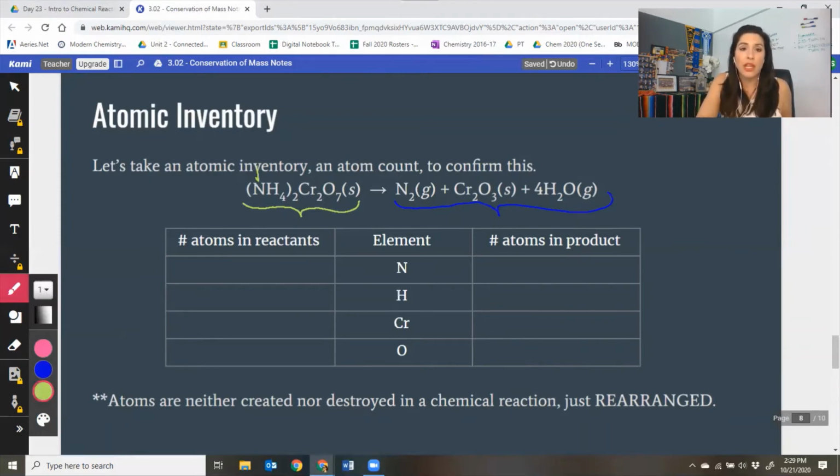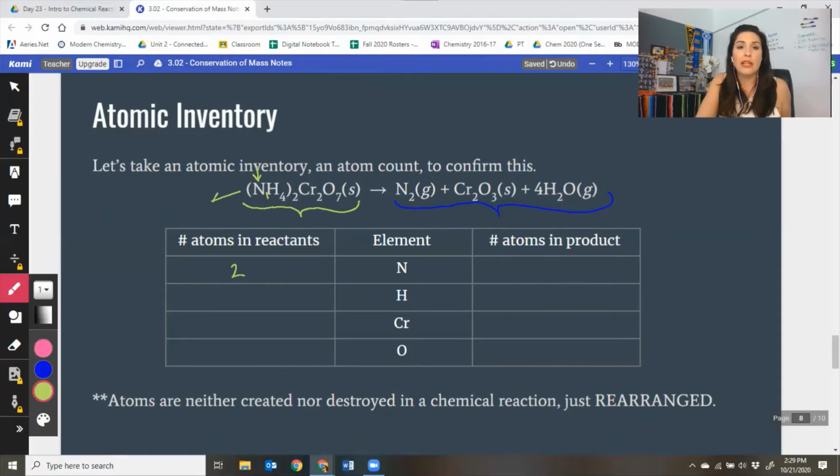I have nitrogen. Notice that it is followed by an implied 1 subscript, but notice that that entire compound is inside parentheses, and this little 2 over here means, hey, you actually have 2 of everything that's inside that parentheses. So instead of having 1 nitrogen, I actually have 2 nitrogen.